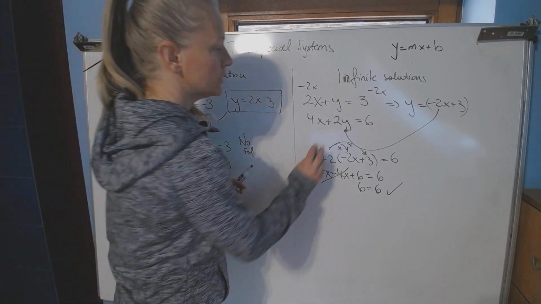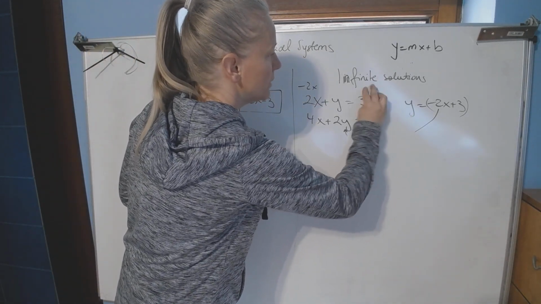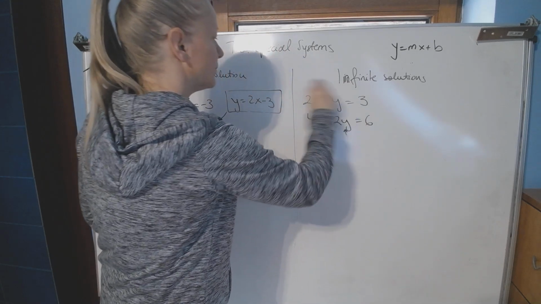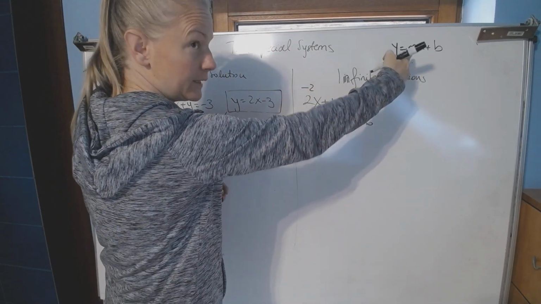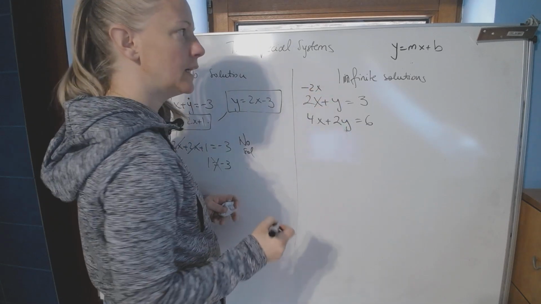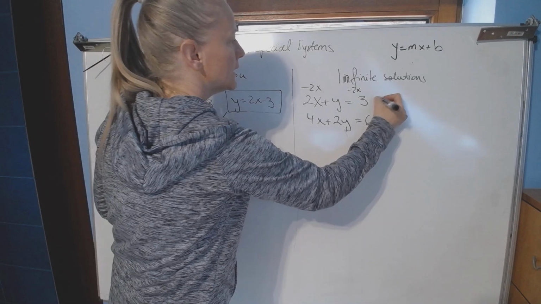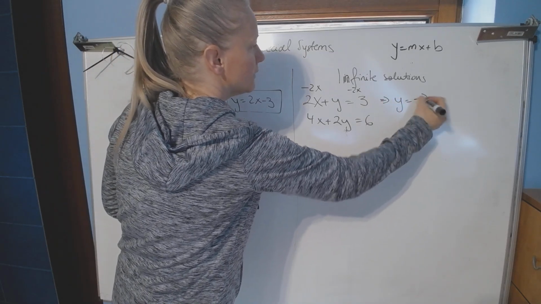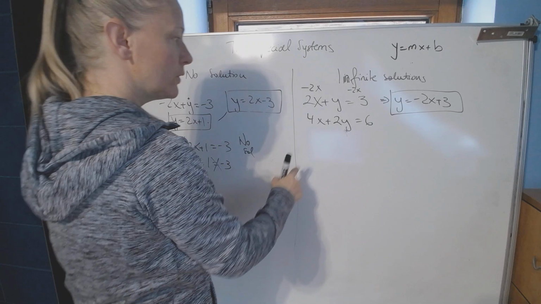The other way to solve this would have been to do the slope thing. Let me erase this part. This is easy to bring to y equals mx plus b. Minus 2x, minus 2x. I end up with y equals negative 2x plus 3. That's my first equation. Let's work on this one.